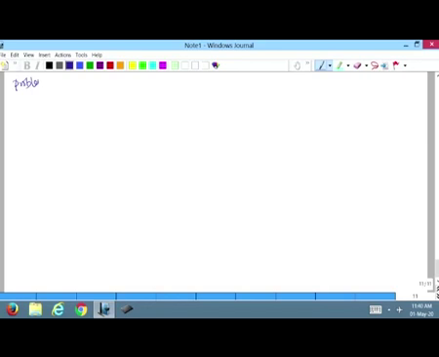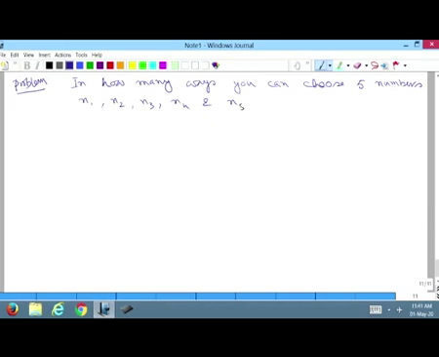In how many ways can you choose five numbers N1, N2, N3, N4 and N5 such that Ni is greater than 0 for all i from 1 to 5, and N1 is less than N2 less than N3 less than N4 less than N5, and the sum of Ni for i from 1 to 5 is equal to 20.